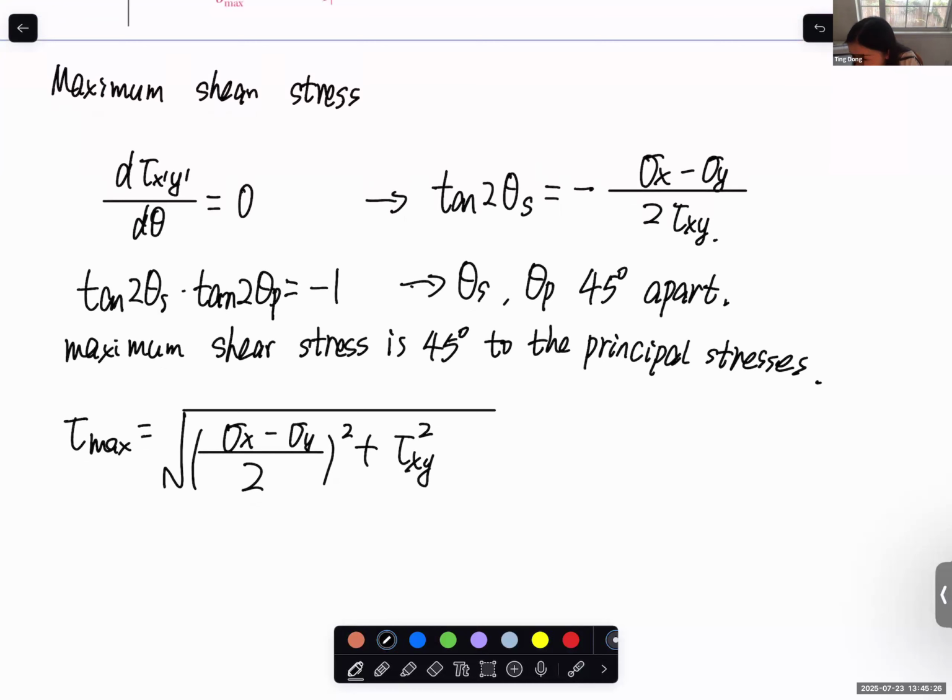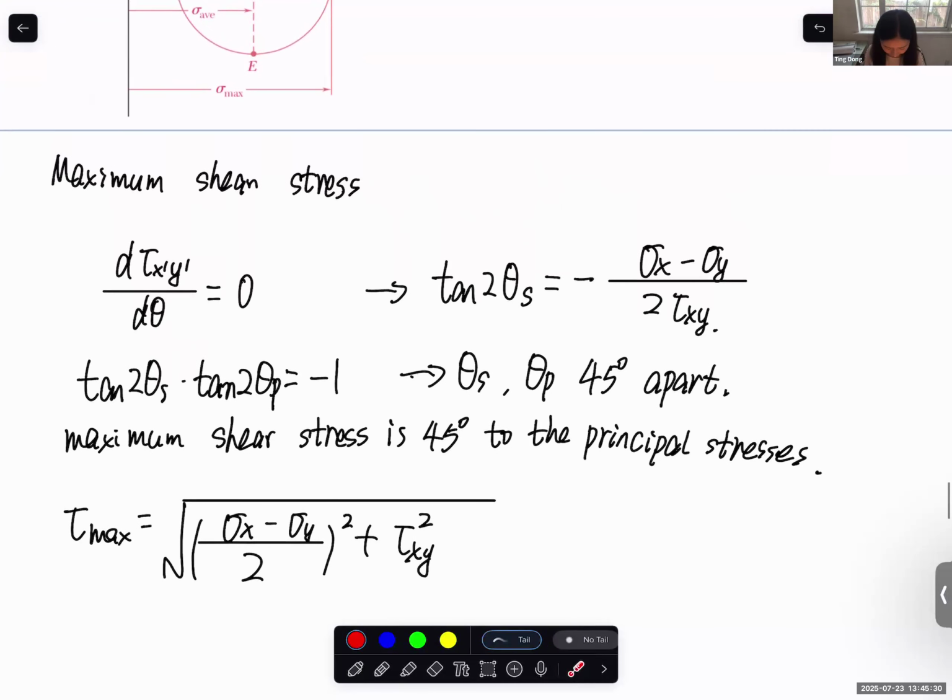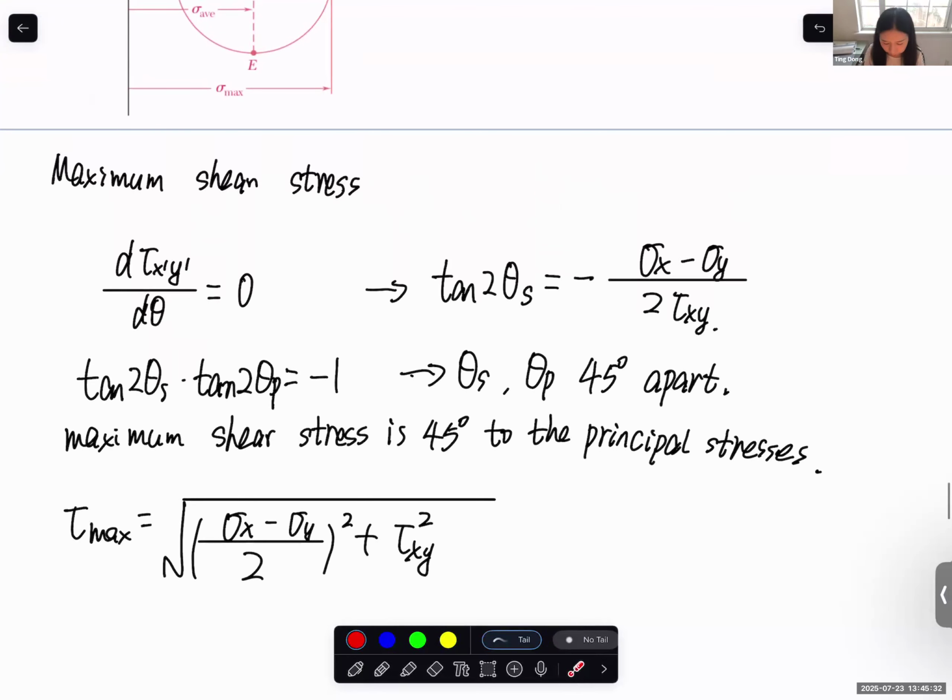It's 45 in any direction? No, basically you can use this one to solve for theta s, and you plug into the equation to get the maximum, but it's not really any direction. Let's say you solve the principal stress direction first.